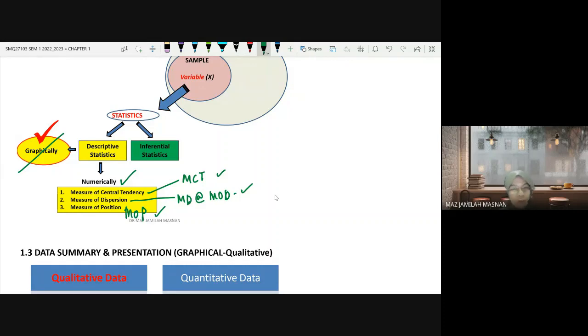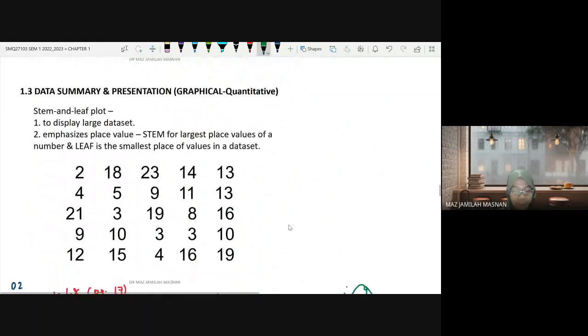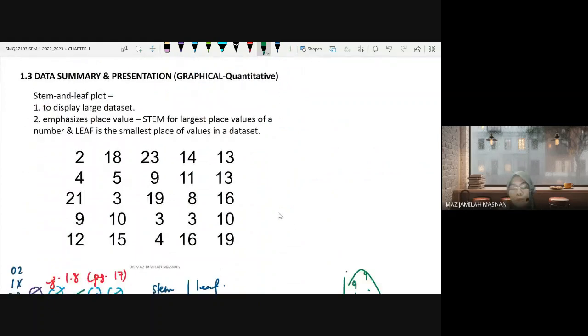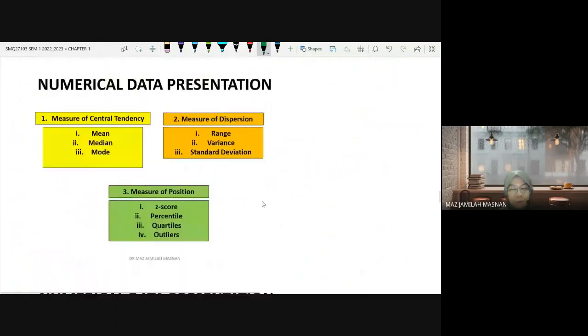So let us look one by one. Very quick on these three. Then later, hopefully we have time, we can look at how we can use our Excel to come up with the analysis easily using Excel for all this MCT, dispersion, and position. Okay, so now let us move to the methods that we can use under each of these measures.